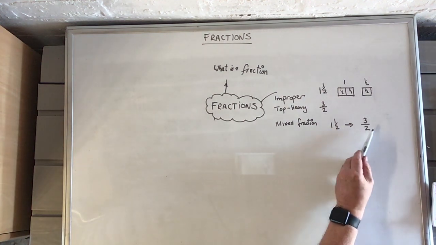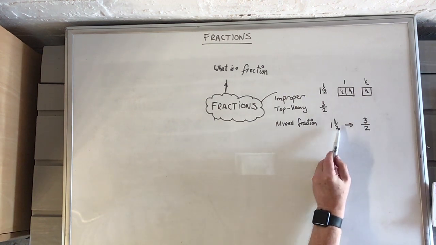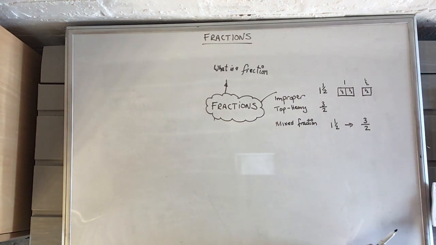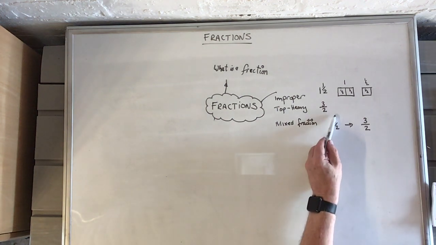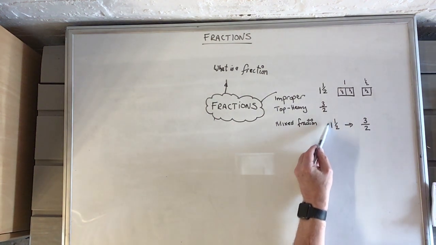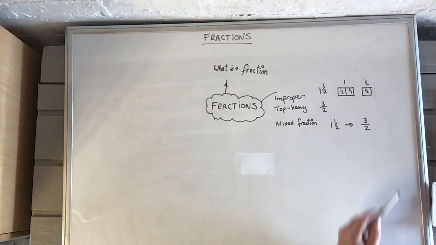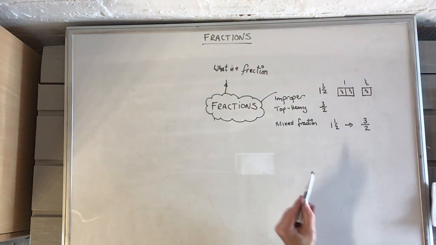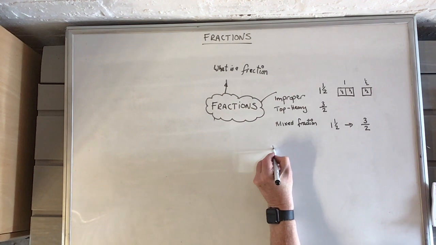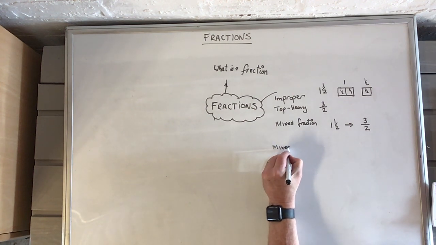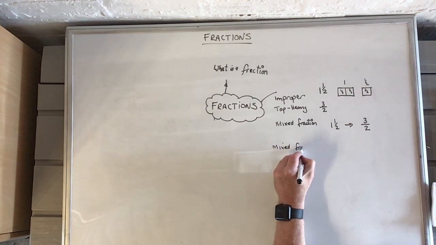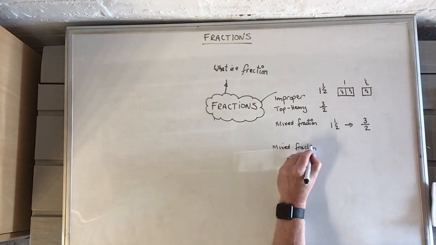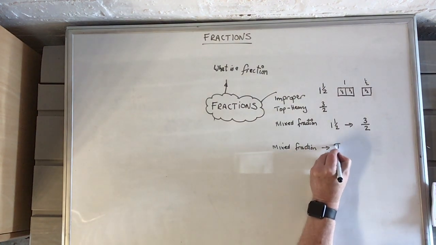Sometimes we want to go from here to here, and sometimes we want to go from here to here. How do we do it? What's the way of doing it? Well, if we look at this wee bit here, there's a nice wee connection to get to here, and I'm going to explain that to you. Okay, so I'm going to go from a mixed fraction to top heavy.